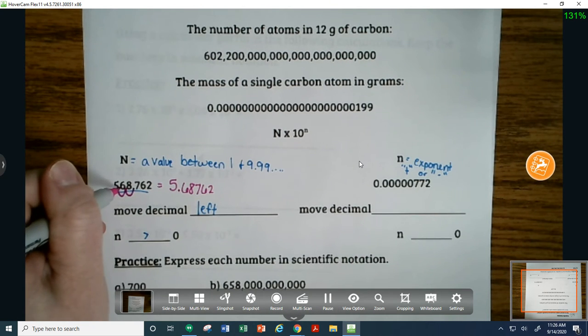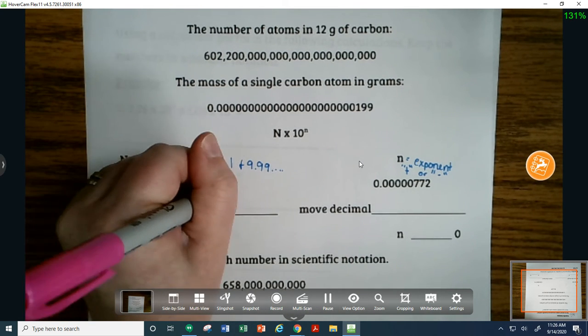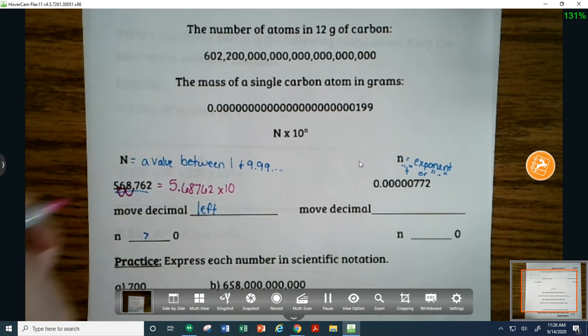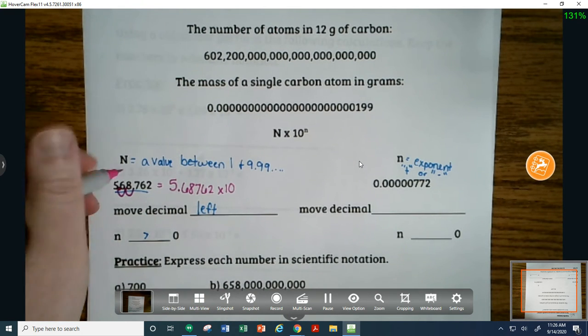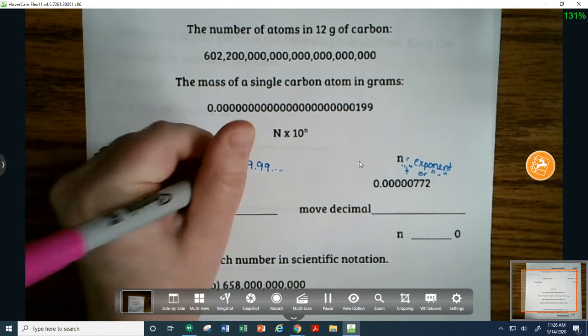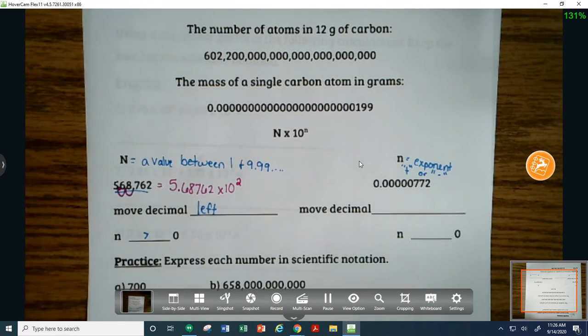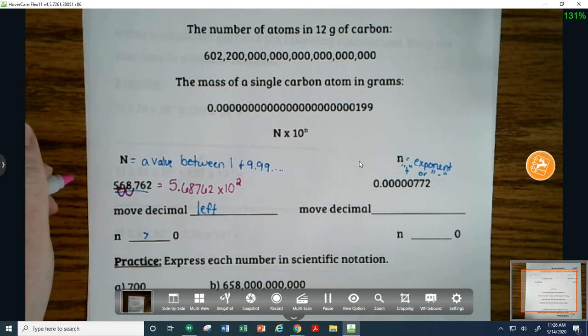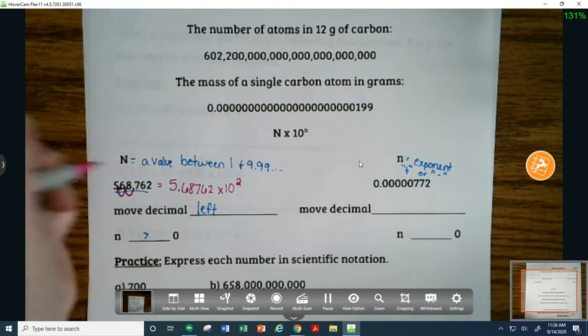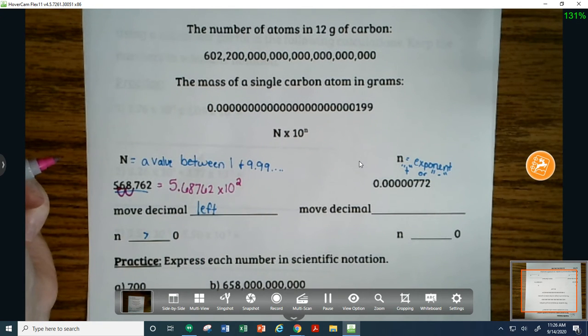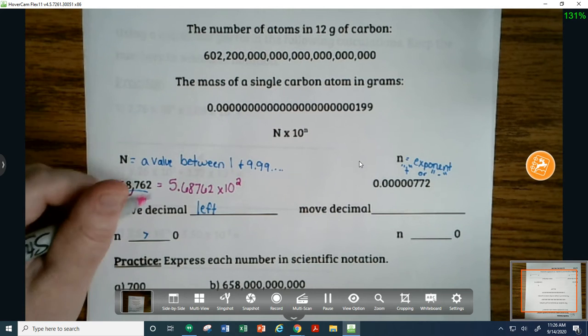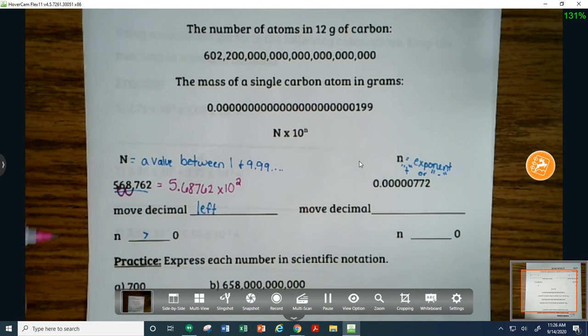Again, you rest it behind this very first number. Then we have our times 10. The next thing we need to describe is how many times we moved the decimal. We moved it to the left twice, so this is going to be to the second power. Lastly, you have to decide if you want a positive or negative exponent. We're going to have an exponent that's positive because we moved the decimal to the left.